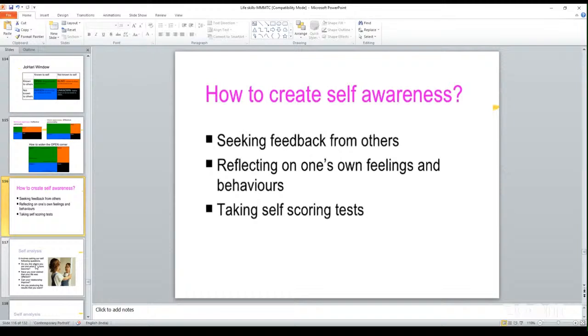Were you right in scolding, or did you scold more, or did you ignore someone? Now that's a reflection. Then taking self-scoring tests. There are a lot of inventories available about self-awareness. You can always check with them. Then whatever level of self-awareness you have can be managed. So you can create better self-awareness by yourself.